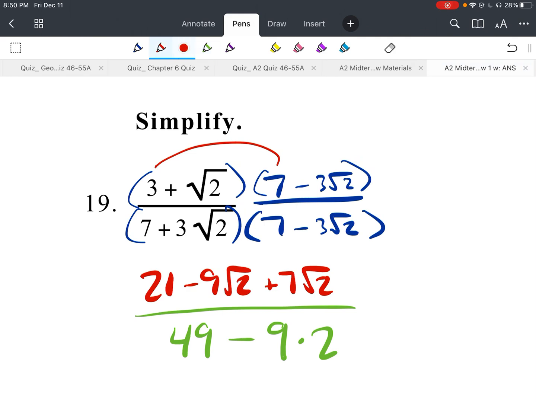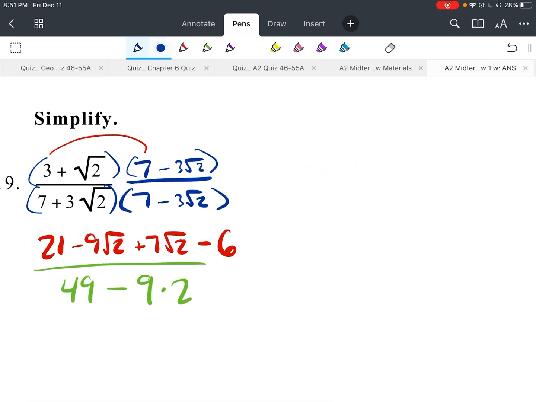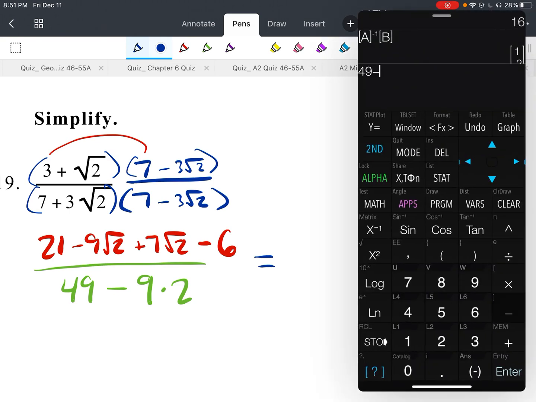Anyway, so the inside is 7 rad 2. And then last is rad 2 times rad 2, which is 2, times negative 3, so this will be negative 6. Then we'll clean this up as much as we can. So 49 minus 9 times 2. Let's do the multiply first, right? So 49 minus 18 is 31.